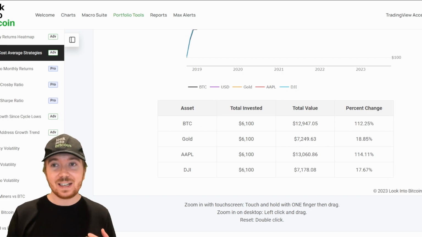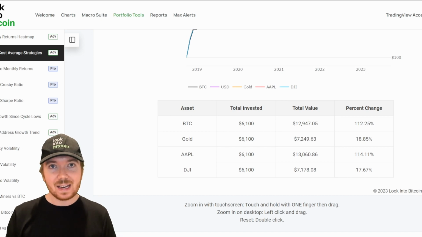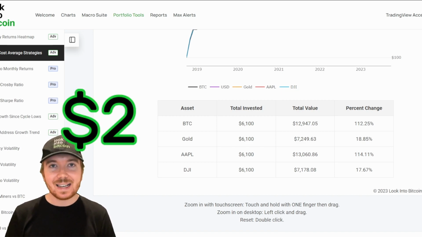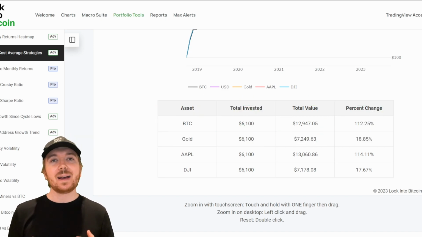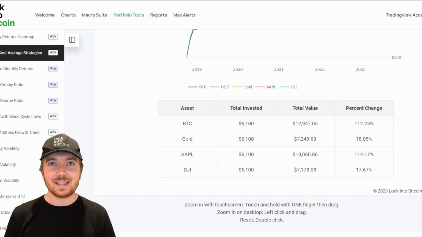Now, this is substantially higher than just the profit you'd have made from just accumulating, and that's excluding over a year and a half of price action. If you look to how much you'd have actually accumulated to today, it'd be $29,221.70, and you'd have amassed 1.129 BTC in the process.